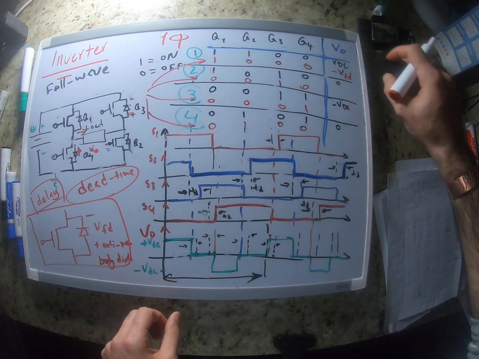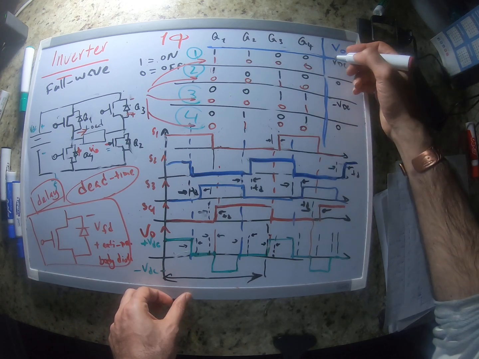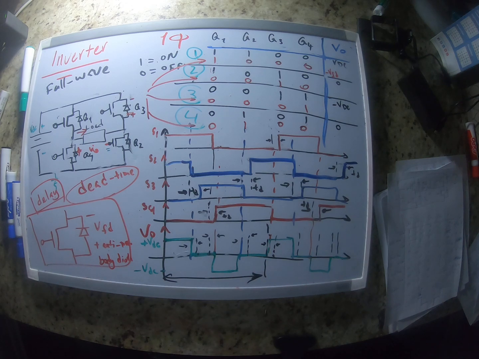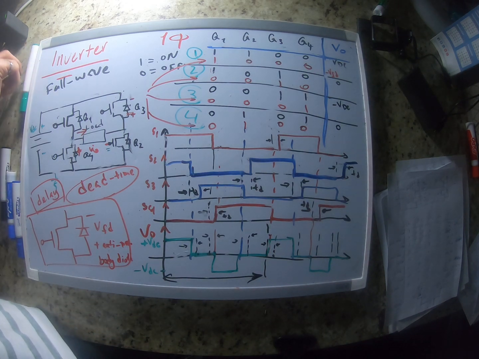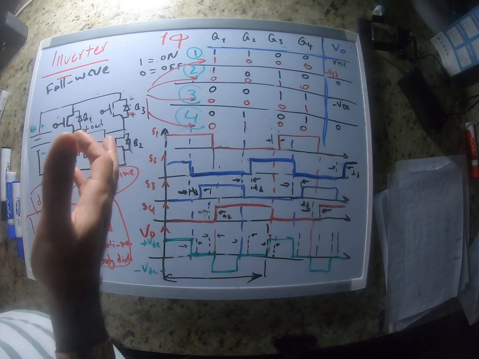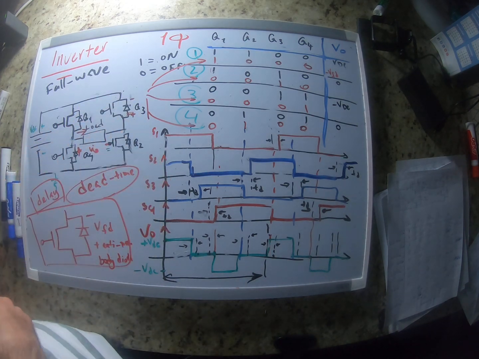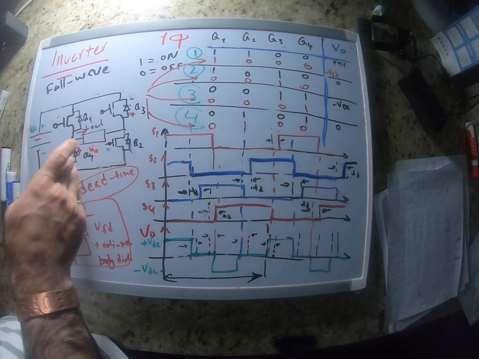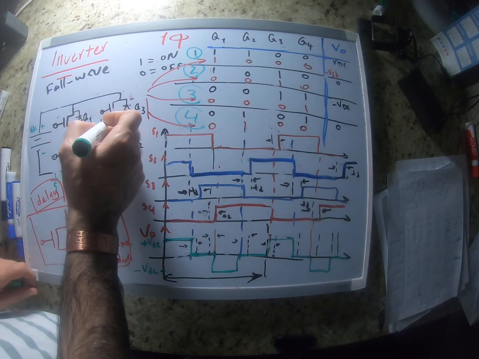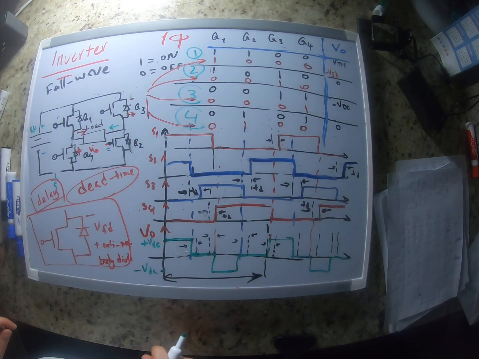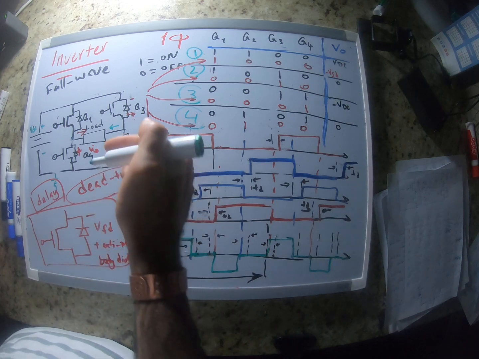Let me actually write this a little bit smaller. But as I mentioned before, we don't know exactly the direction of the current. If we have a motor or inductive load, the current might actually be going this way, right? So what if the current is going this way?